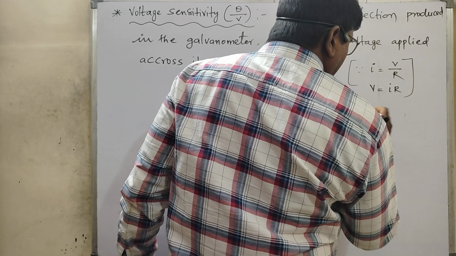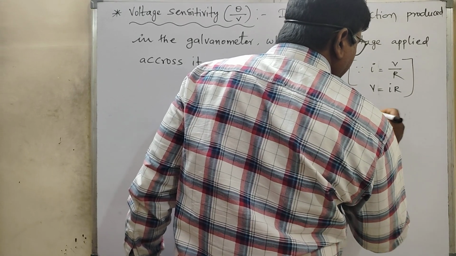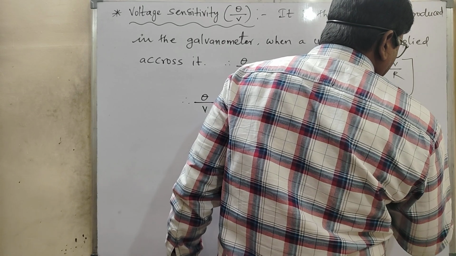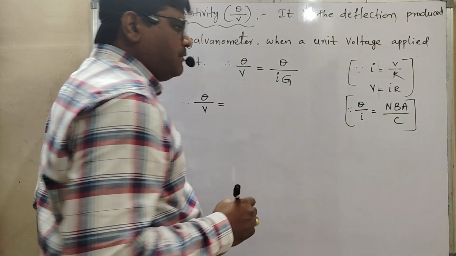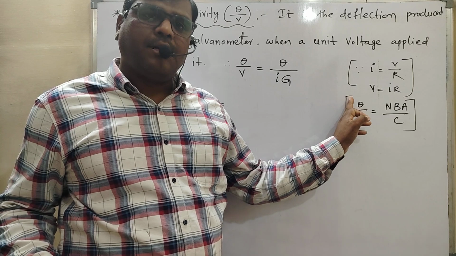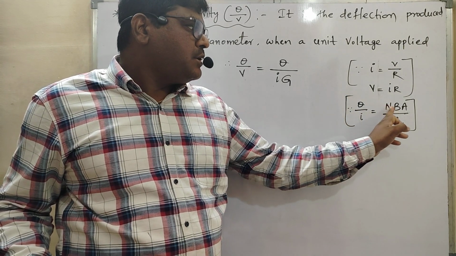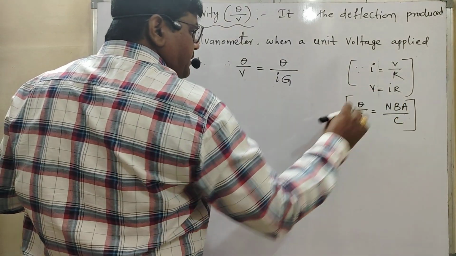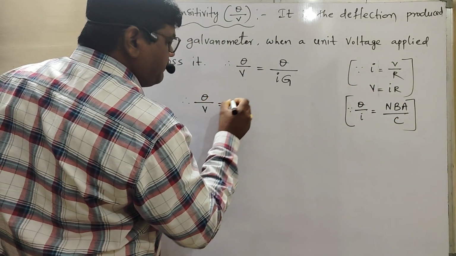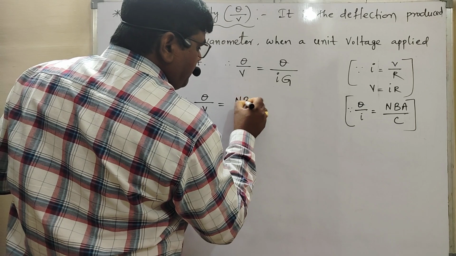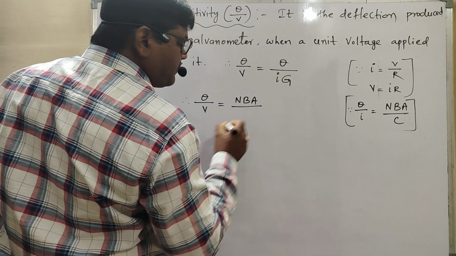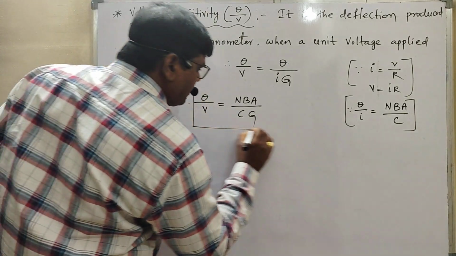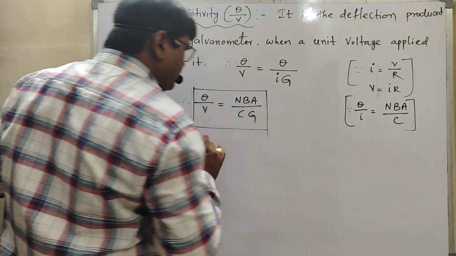What is the current sensitivity? Theta by I only. That is equal to, what is the formula for current sensitivity? NBA by C. Just before we discussed the current sensitivity formula, theta by I is equal to NBA by C. In place of this, if you write that formula, we will get theta by V is equal to NBA by C into G. This is the formula for voltage sensitivity.